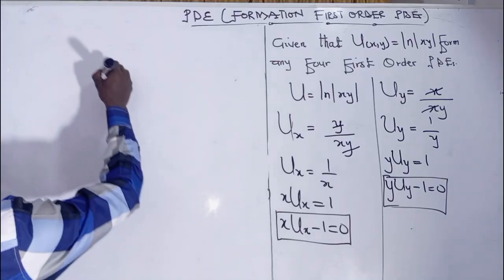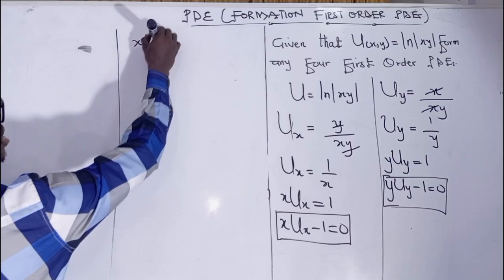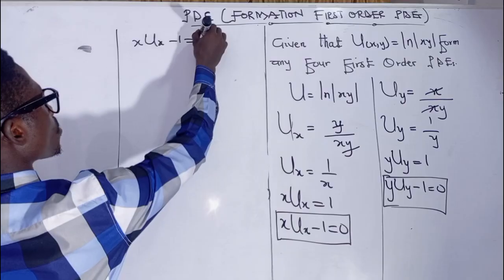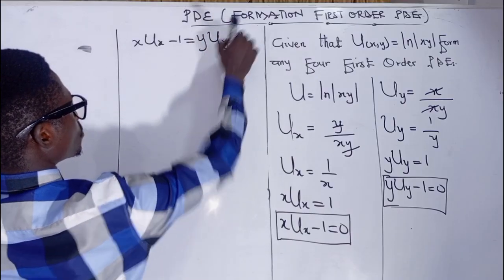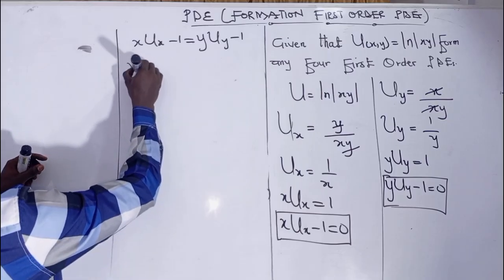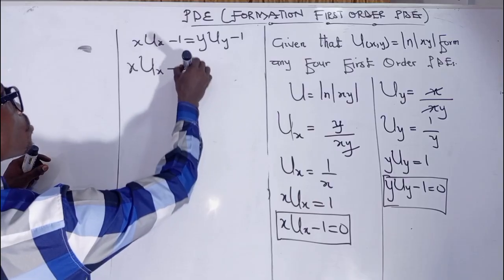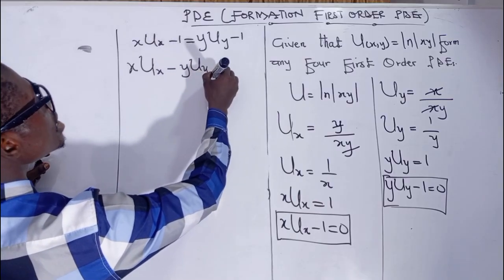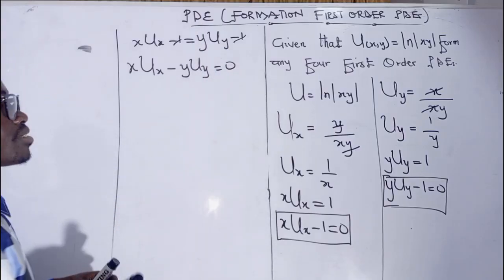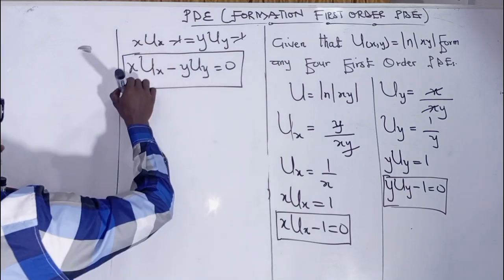So we are going to have x ux minus 1 is equal to y uy minus 1. So let's bring all of them to the left hand side. So we are going to have x ux minus y uy, this will cancel this, is equal to 0. So we have another first order partial differential equation.